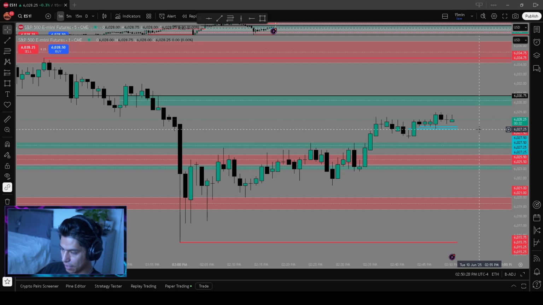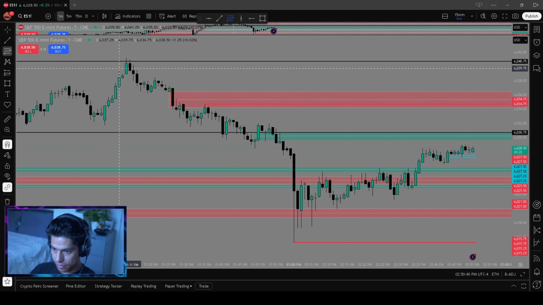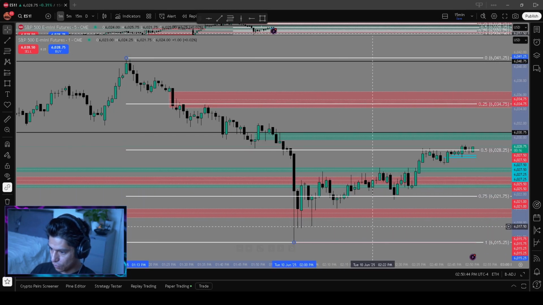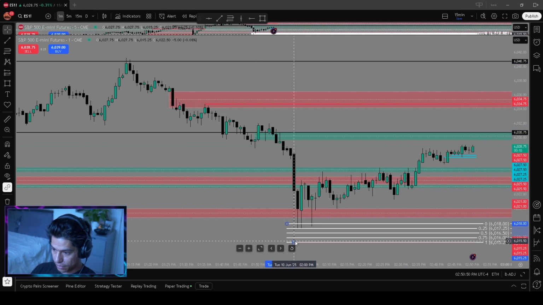And then I guess my question to myself would be, would I want to trade this? Probably not, only because we're already almost to the 50% range. We're already above it. So anything higher would be technically premium.